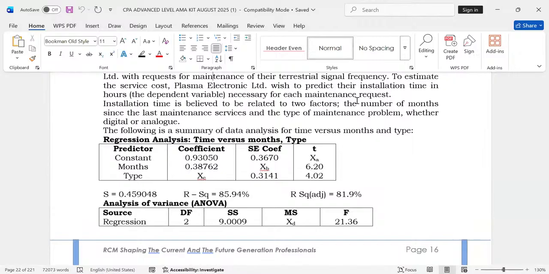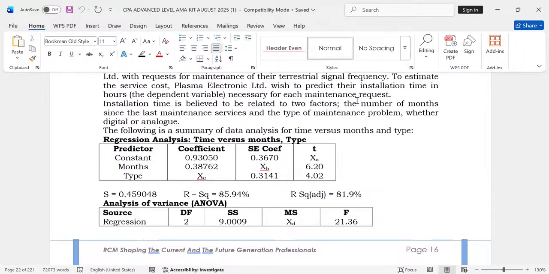So the model itself: our y was a plus b1x1 plus b2x2. So our y will be equal to a, which we already have, 0.93050, plus b1, which is 0.38762, plus b2, and I don't have the value for b2.